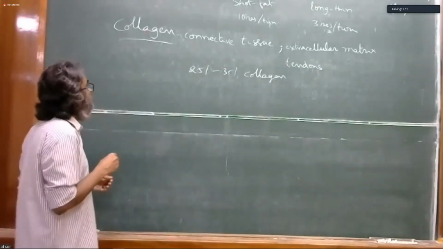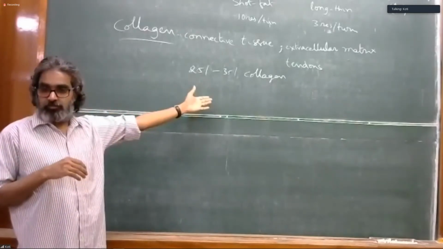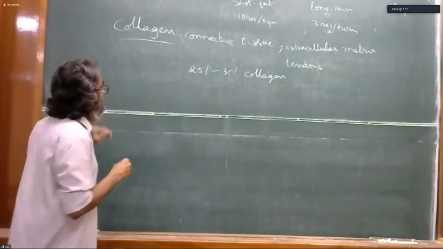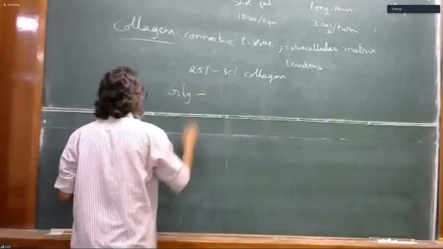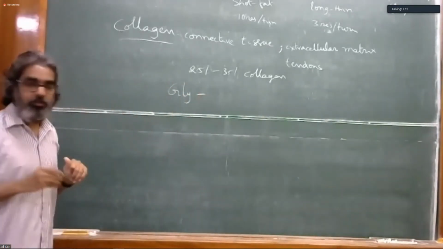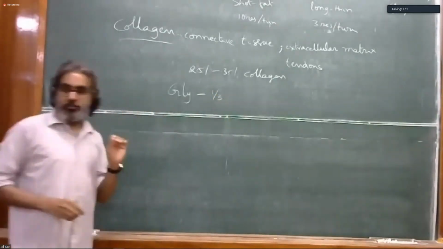Interestingly, despite being a large amount of protein in the body, collagen contains a lot of glycine. Every third amino acid in the collagen peptide is a glycine.